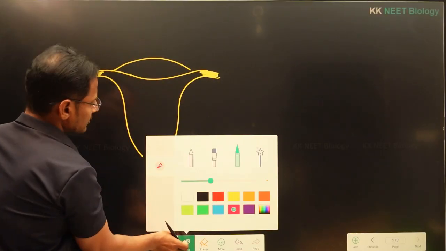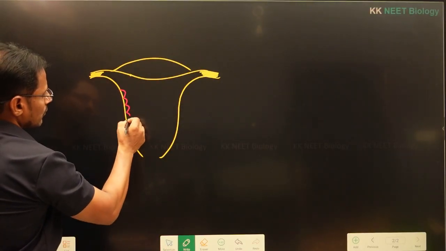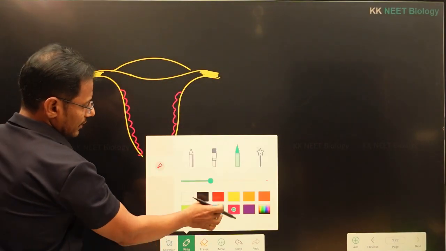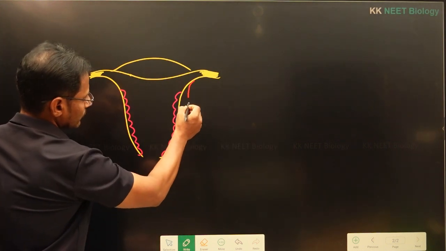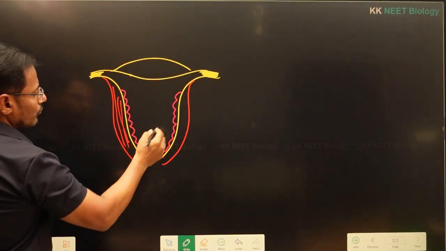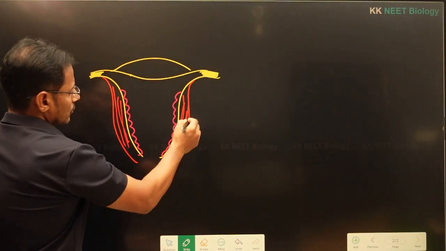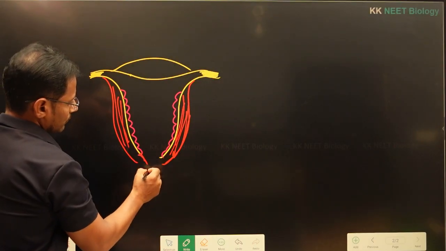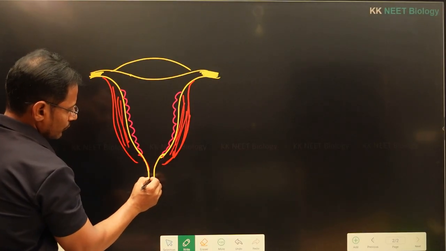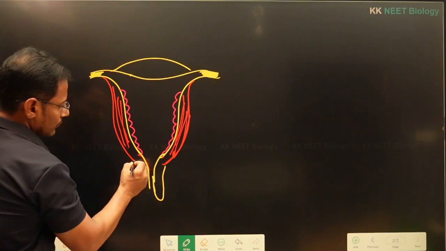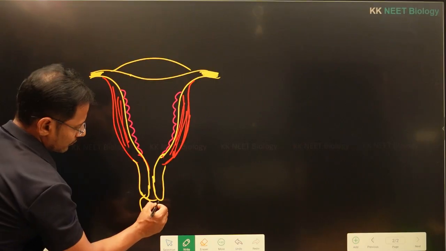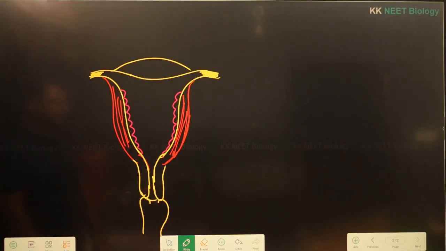The uterus also has many layers in it. This is the narrower part of the uterus, and this is the vagina. Right, this is the structure of the uterus.